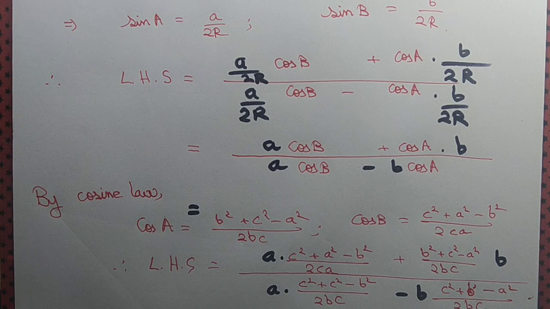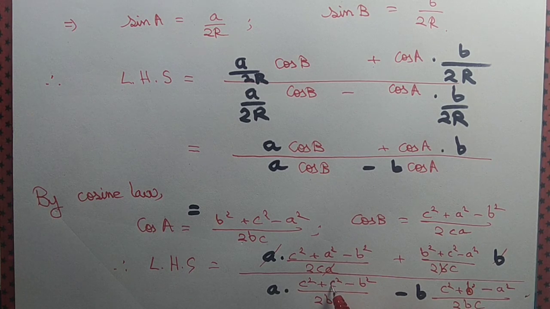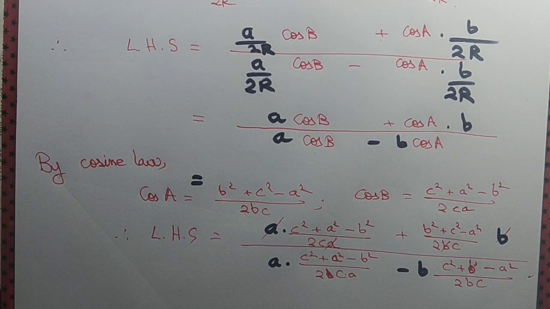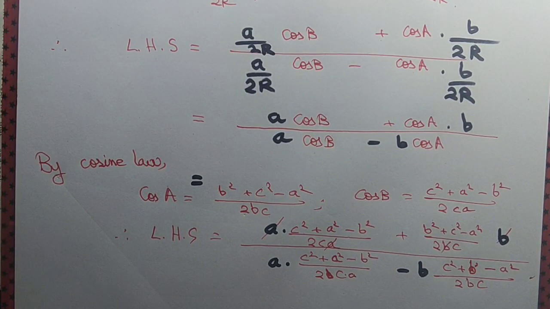Now we can cancel a and a out. Similarly, here we can cancel b and b out. Oh, I made a mistake here, cos B is (c² + a² − b²) divided by 2ca. Yes, we have done it correctly. Cos A is (c² + b² − a²) divided by 2bc.